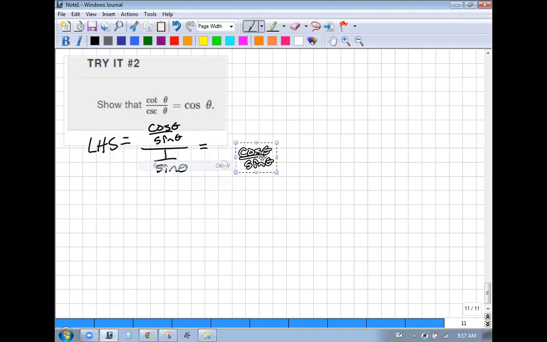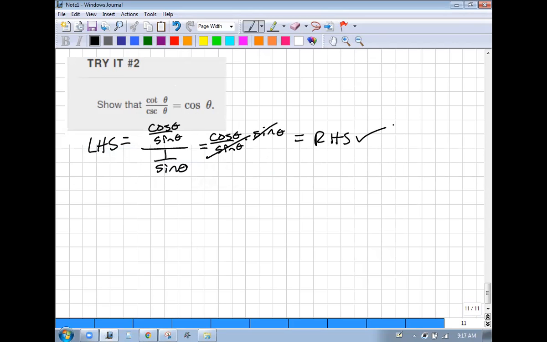So instead of dividing by the fraction, it's the same as multiplying by its reciprocal, and that's my right-hand side. All right. So switching to sines and cosines is often a very helpful strategy. Not always the best, yes.